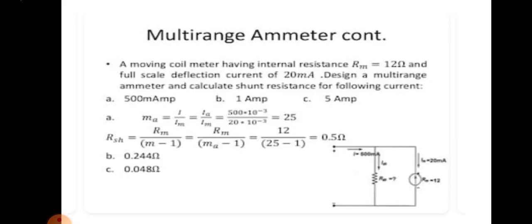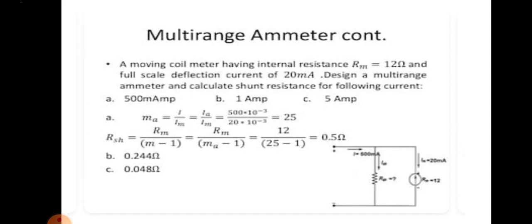Multi-range ammeter: a moving coil meter having internal resistance Rm equal to 12 ohm and full scale deflection current of 20 milliampere. Design a multi-range ammeter and calculate shunt resistance for the following currents.